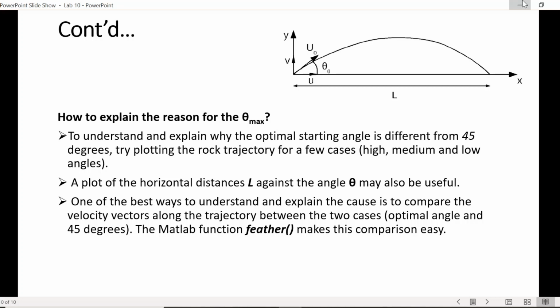You may also compare the velocity vectors along the trajectory between two angles, say 45 degrees and your optimal angle. You may use the MATLAB command feather, which will make this comparison step a little bit easier.